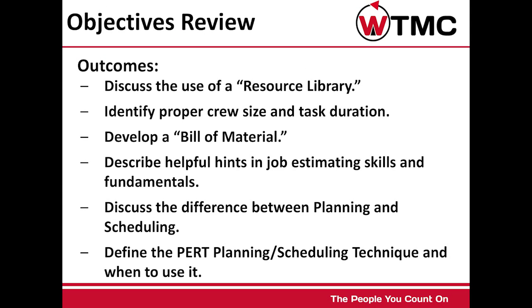You should also be able to discuss the use of a resource library, identify proper crew size and task duration, develop a bill of material, describe helpful hints in job estimating skills and fundamentals, discuss the difference between planning and scheduling, and define the PERT planning scheduling technique and when to use it.